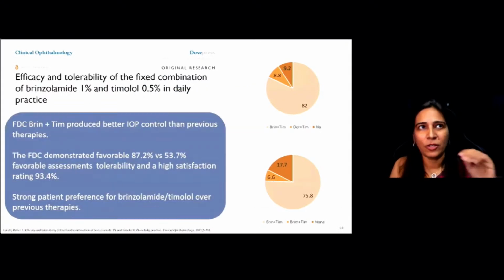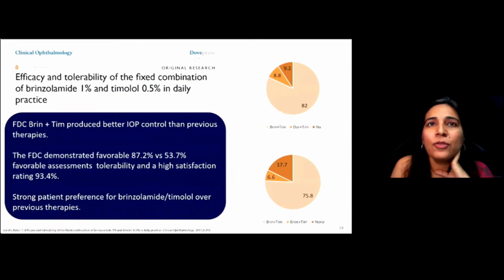in fixed dose combination. Better IOP control than previous therapies. The FDC actually demonstrated favorably in 87% of patients versus 53% of patients, including tolerability and a high satisfaction rating of 93.4%.